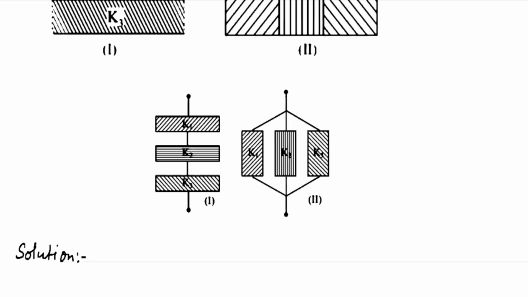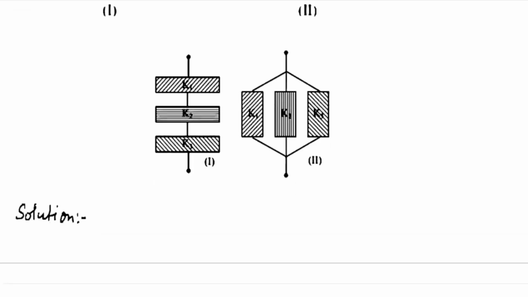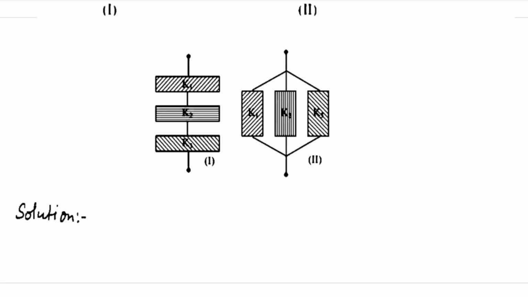If we consider figure 1, K1, K2 are in series, so 1 upon C1 will be equal to 1 upon K1 epsilon naught A by d by 3.